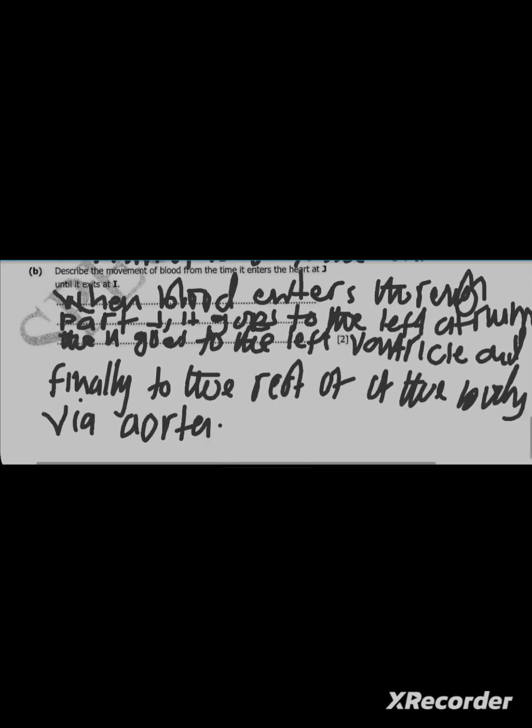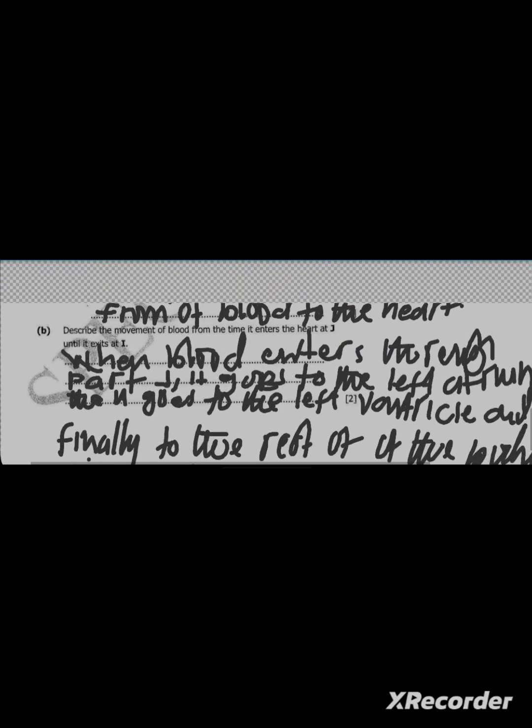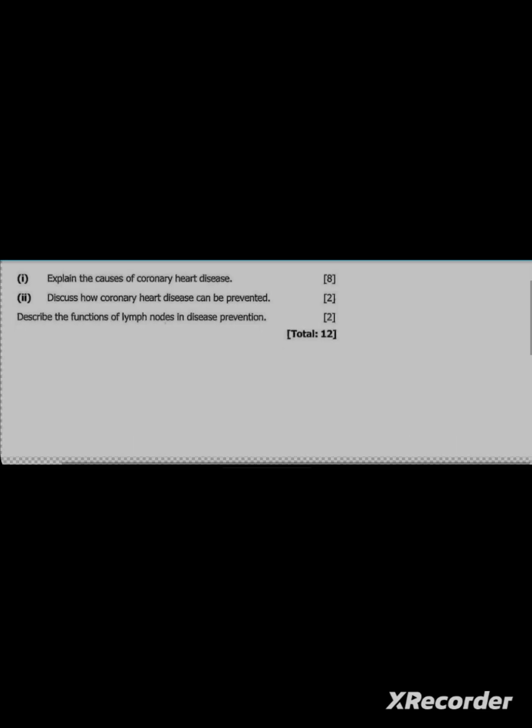I'm sure you've seen there, guys. Let's go to the next question. The next question is saying, explain the causes of coronary heart disease. What is coronary heart disease?